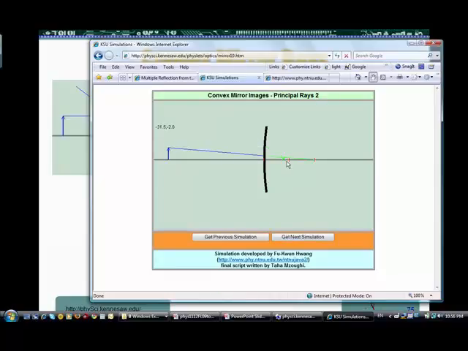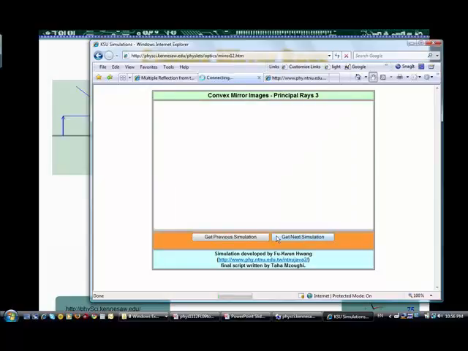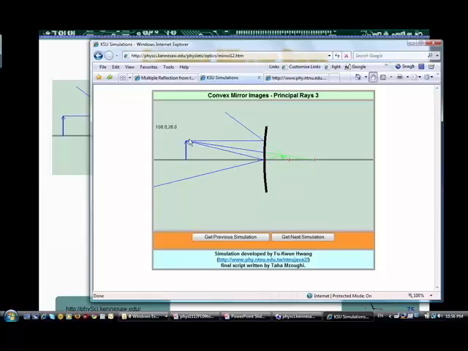A beam that looks like it's coming from the focus will look like it's coming from the focus. A beam through the center would be reflected from the center. The combination of all three will look like 1, 2, 3.